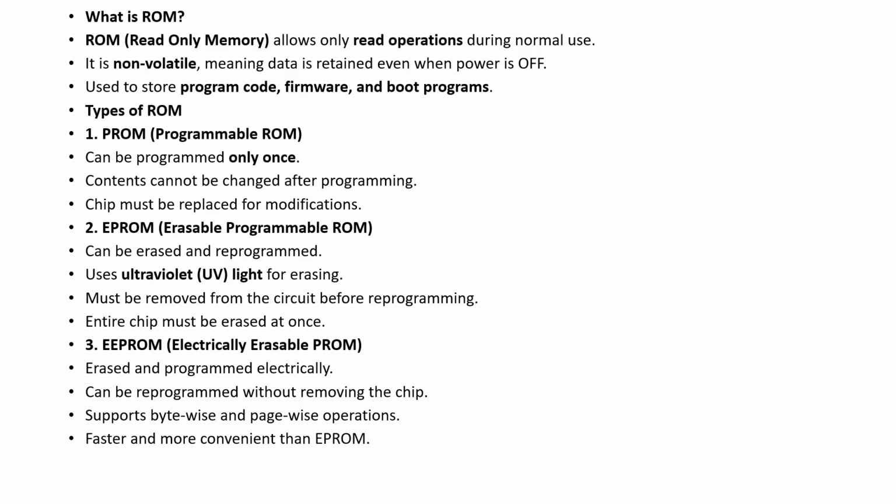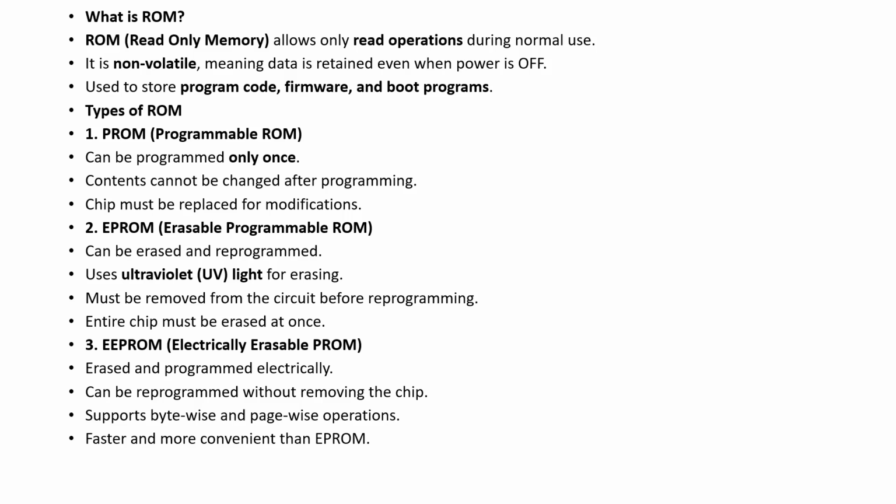EPROM, which is erasable programmable ROM, can be erased and reprogrammed. It uses ultraviolet light for erasing and must be removed from the circuit before reprogramming. The entire chip must be erased at once.